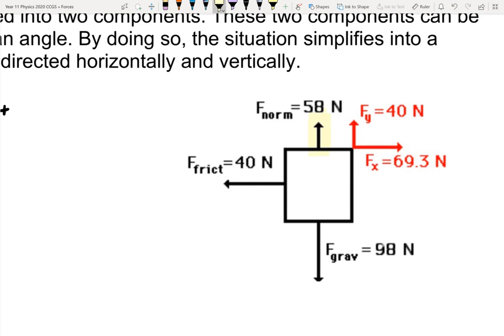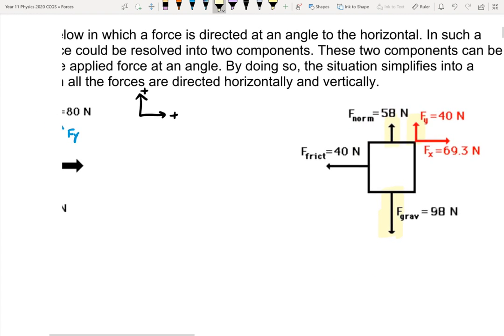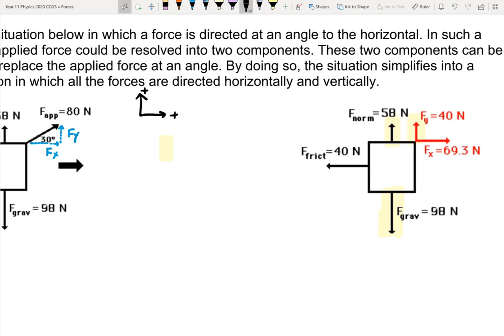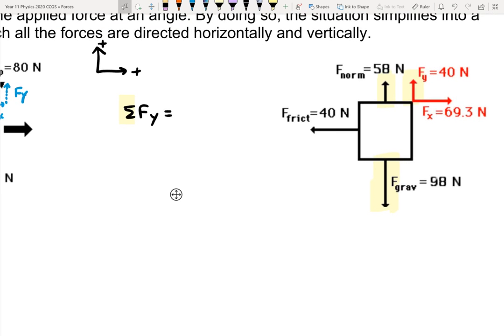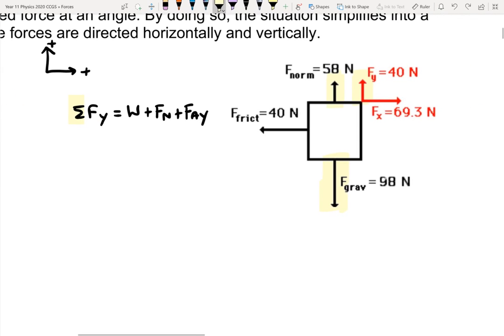So I'm just going to color code my verticals. And let's just sum the verticals. The sum of all forces in y, I want you to write the first statement down. You're going to say equals weight plus Fn plus Fay.